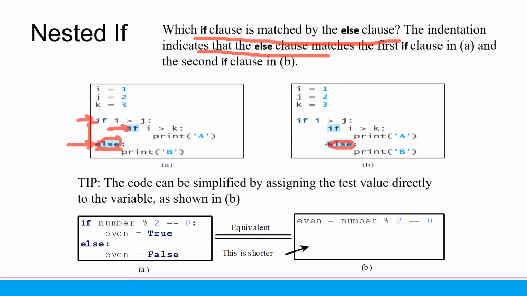This else indicates the false statement of this if. So be careful whenever you put the else if you have multiple ifs like this one.